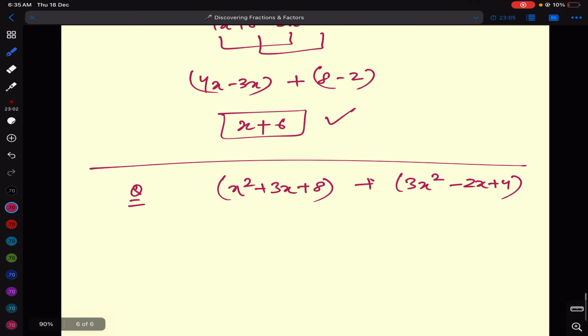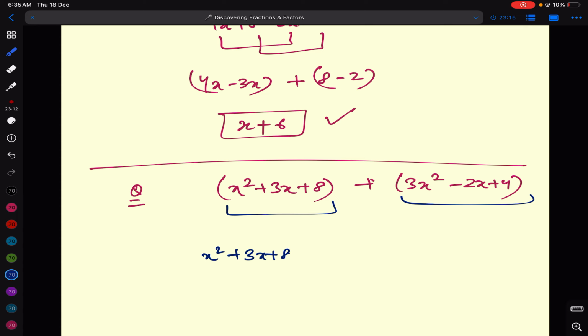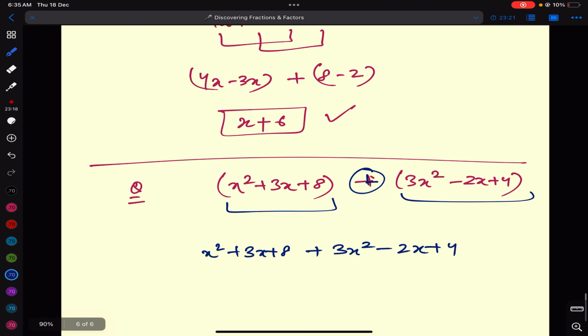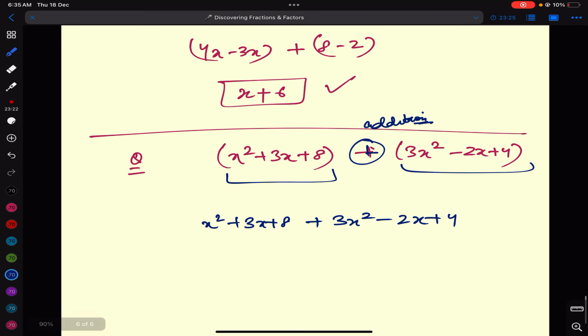Now we have two polynomials, right? We are going to open the parentheses in the first step, so let's do that. x squared plus 3x plus 8 and then 3x squared minus 2x plus 4. Now it's very clear, right? This is addition that we are performing with the two polynomials.